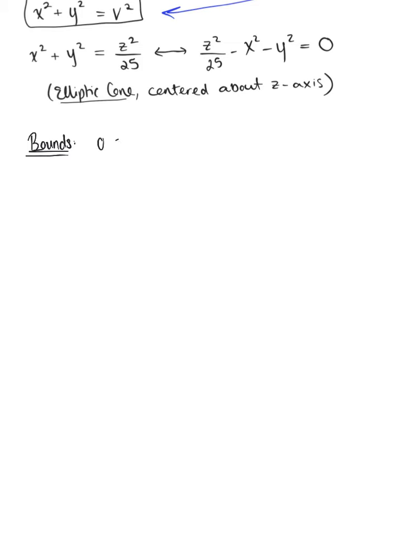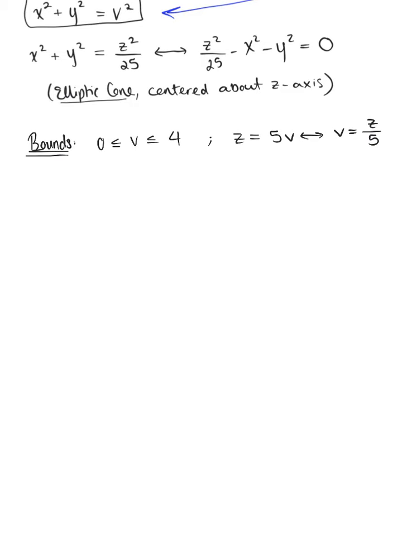Let's keep in mind we know that v is greater than or equal to 0, less than or equal to 4. And we also know that our z component is equal to 5 times v. So let's use this equation and rewrite it in terms of v. I have v is equal to z divided by 5.